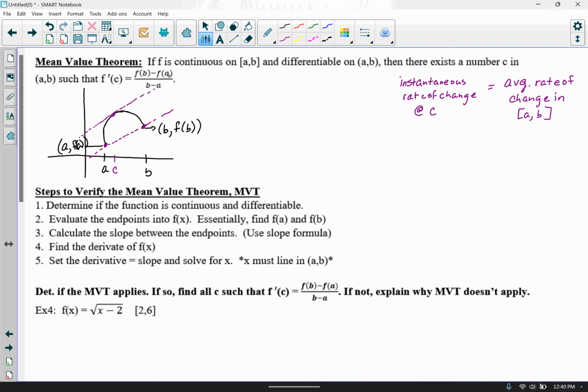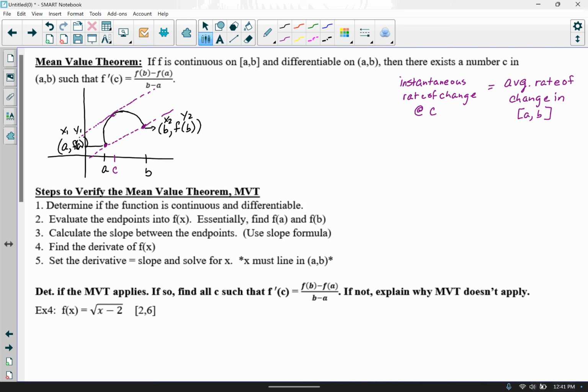So this formula that you see up here, f of b minus f of a over b minus a, that's nothing more than your slope, right? Slope is y2 minus y1, so think of this as f of b minus f of a over b minus a, right? Here's your first ordered pair and your second ordered pair. So think of this as like my x1, y1, x2, y2, and we know slope as y2 minus y1 over x2 minus x1. That's all that is. That's the slope between those 2 points right there.